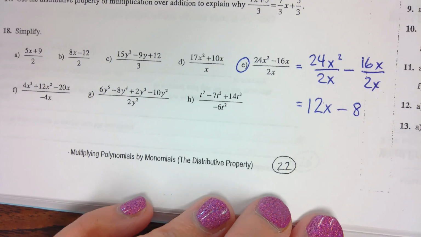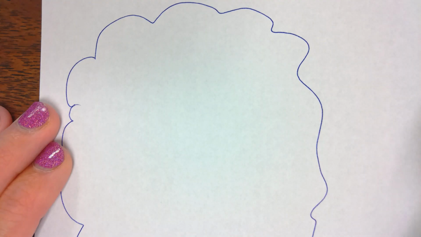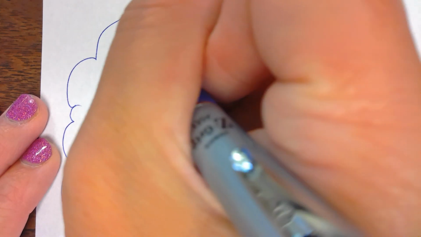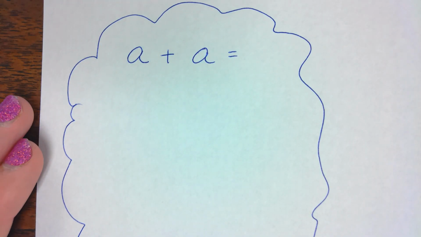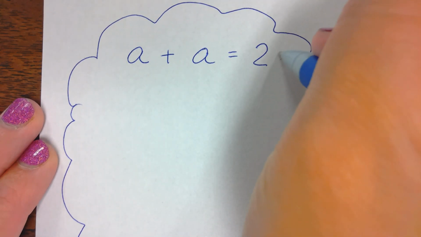Okay, let's do a quick little summary right here. I'll do a little bubble. If you can remember these couple, you'll do perfectly fine on the test. We'll do A, apples. What is one apple plus one apple? 2 apples, so 2A.